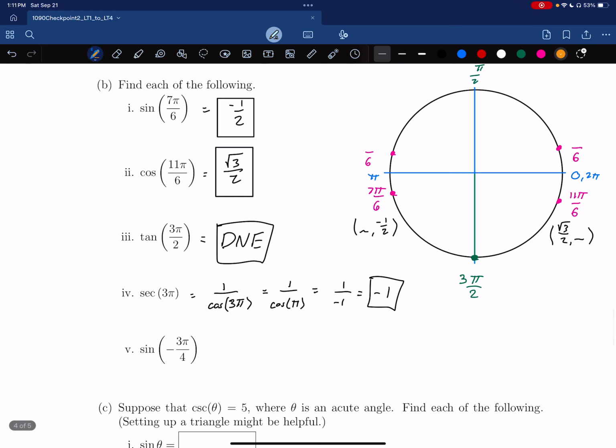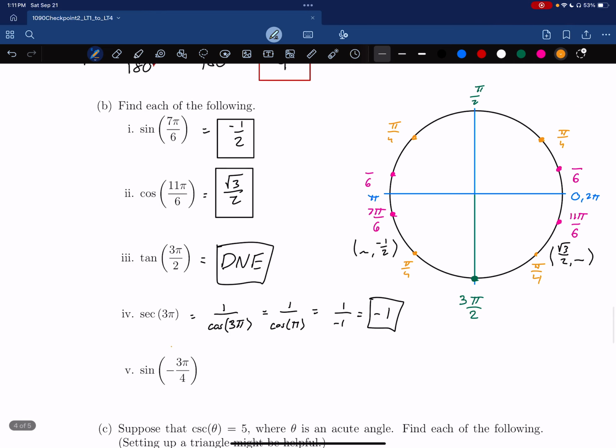Now we know that our pi over 4 values will be the equidistant point between each quadrant. So that's pi over 4, pi over 4, and pi over 4.